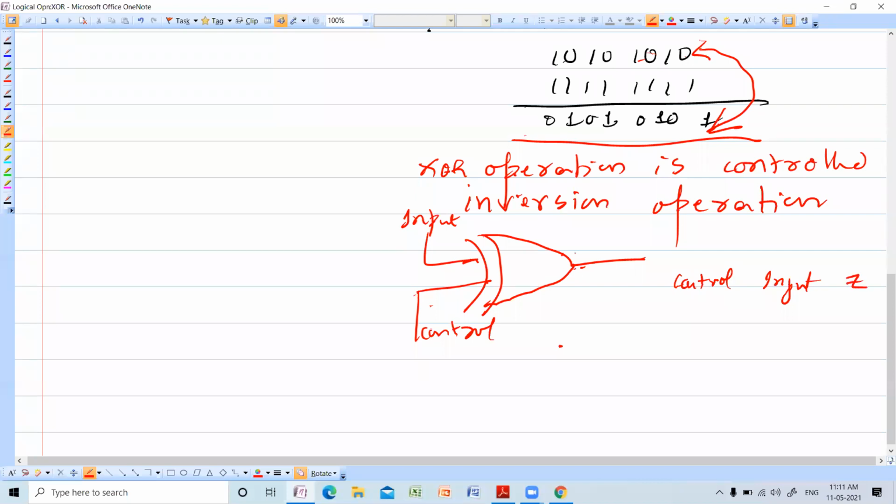Now we can see what Z is. 0, 0, 0, 1, 1, 0, 1, 1, 0, 1, 1, 0. This is the truth table of an XOR gate.